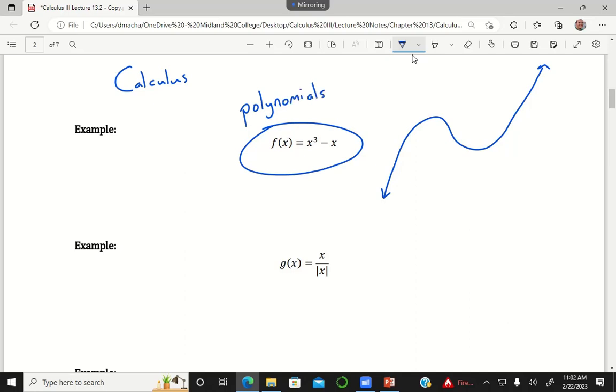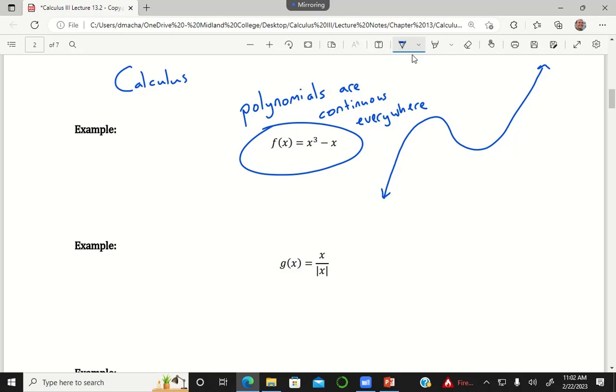And polynomials are continuous everywhere. Okay, so hopefully you remember that from Calculus 1. Anytime you're looking at a polynomial, you can expect that there won't be any discontinuities anywhere in the function.